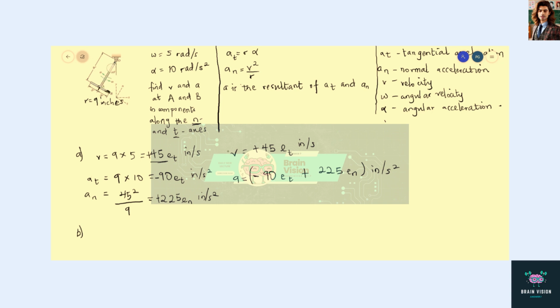To do that, let's start with the velocity. Let's do this side. We've already calculated this side for the velocity, so we don't need to do that again. That's this first part we did here. Now we need to go to this part and calculate the velocity on this side.